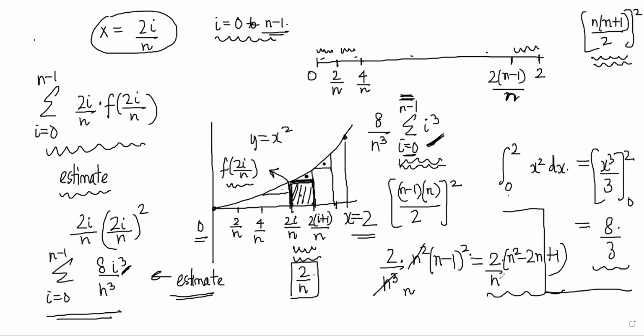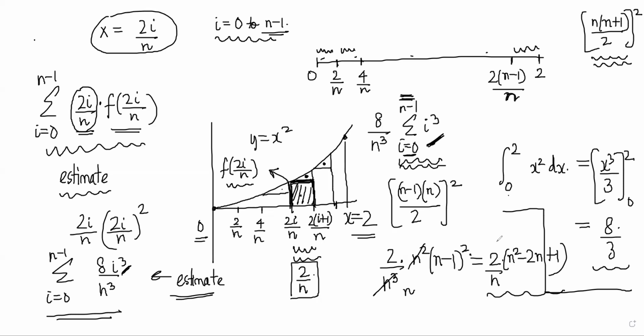Now, I feel like I made some mistake somewhere. Have I made a mistake? The area of each width was this, the f value was this, and we are adding up the areas. I square, I cube, 8 by n cube, I cube.